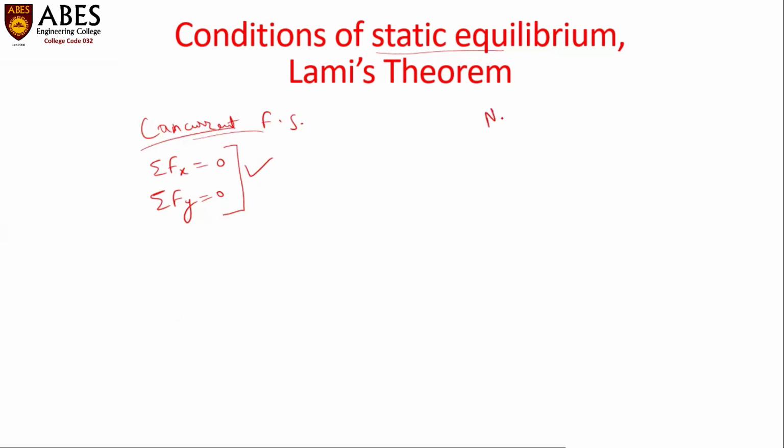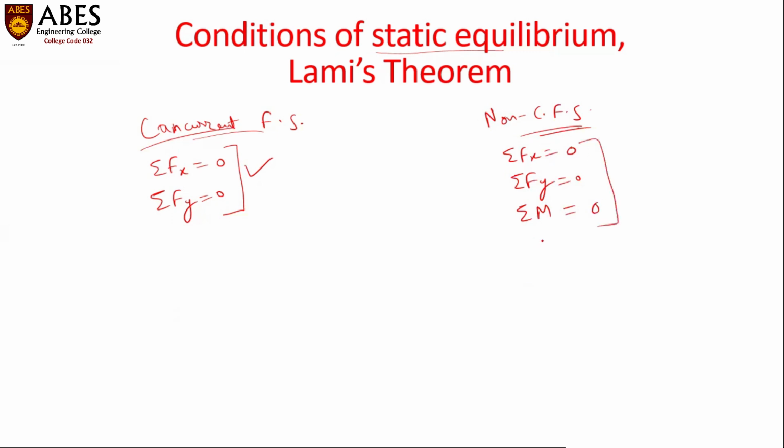But in case of a non-concurrent force system, summation of forces along the x-axis should be equal to 0. Summation of forces along the y-axis should be equal to 0. And third condition, summation of all the moments about any point should also be equal to 0.